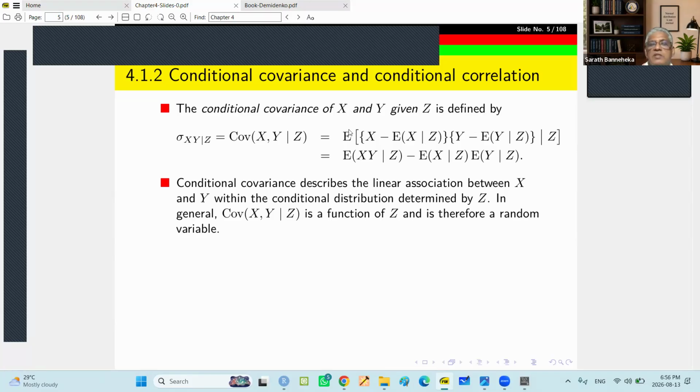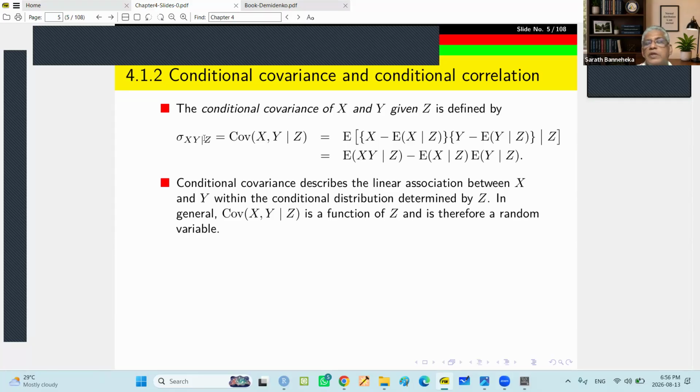In other words, this is the same as the expected value of x times y given z minus the expected value of x given z times the expected value of y given z, and that is denoted by sigma xy given z. That is the notation that I will use for that conditional covariance.